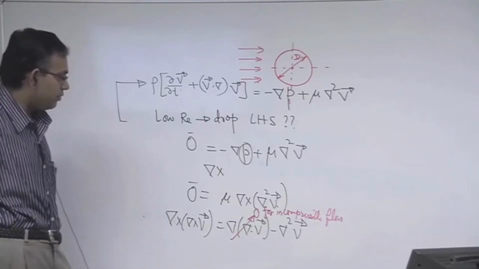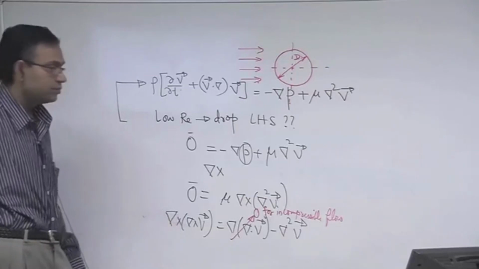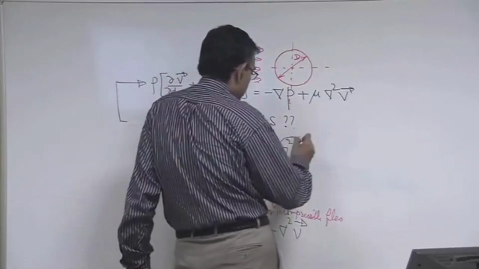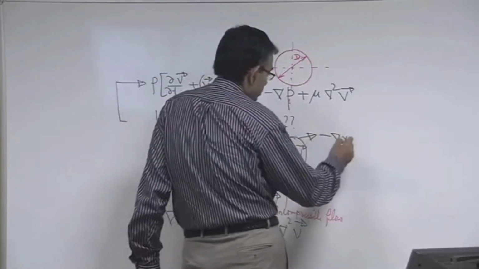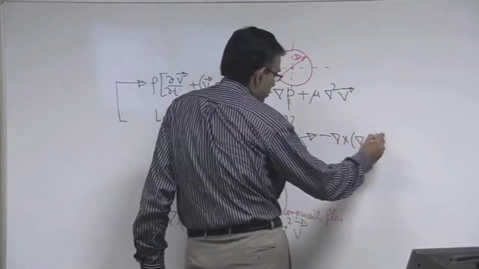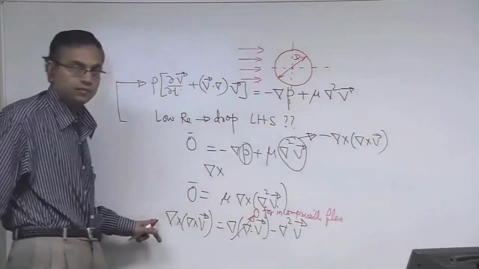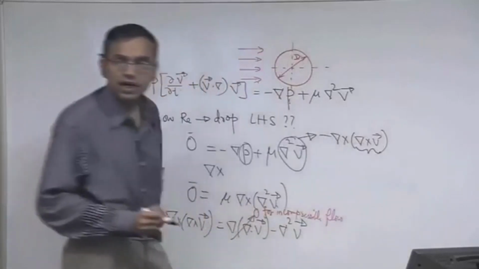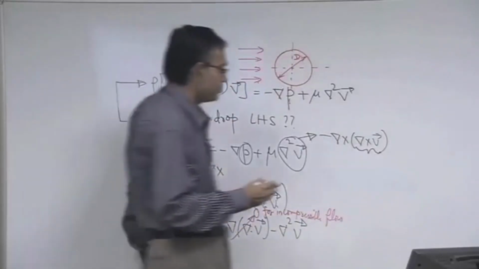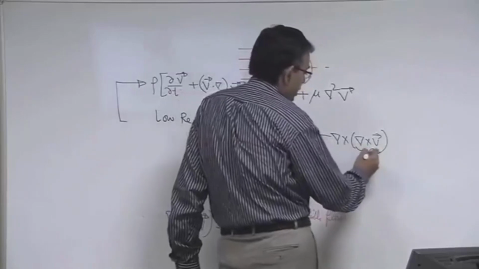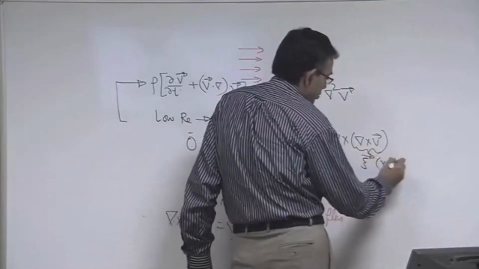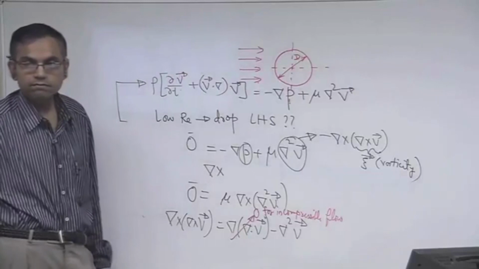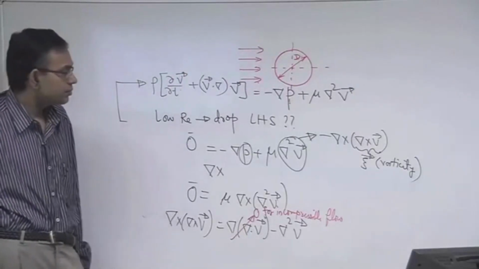So, instead of del square V you can write minus del cross V, right, using this identity. And what is del cross V? What is the curl of the velocity? That is nothing but the vorticity. So, this is vorticity, let us say zeta we use for vorticity. Okay.